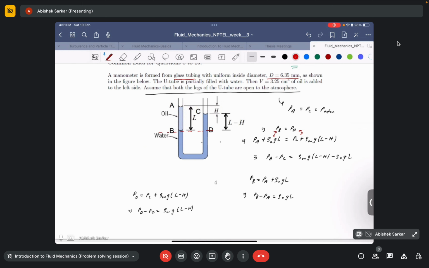If you just ignore the liquid heights in the meniscus region, assume it to be flat, you can consider this liquid column to be of a cylindrical shape. It's a very good approximation, right? Is it clear? So what is the formula for the volume of a cylinder?